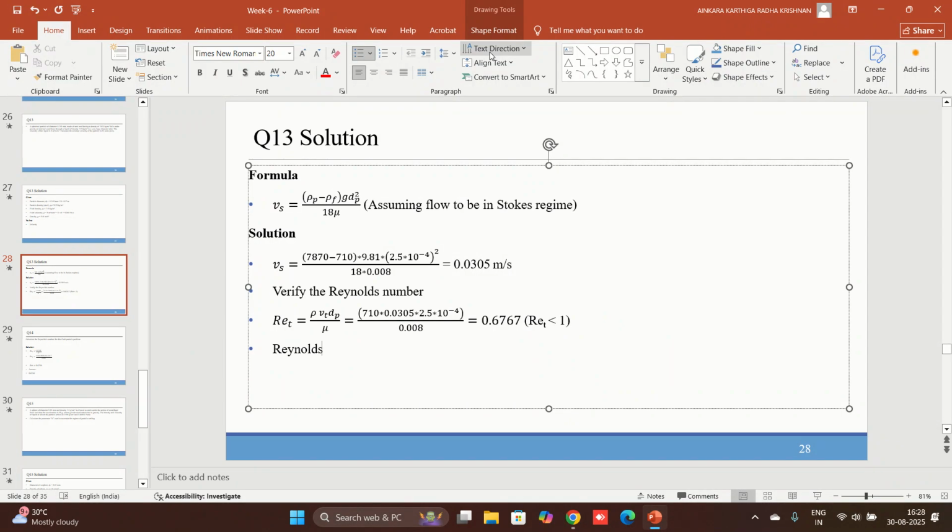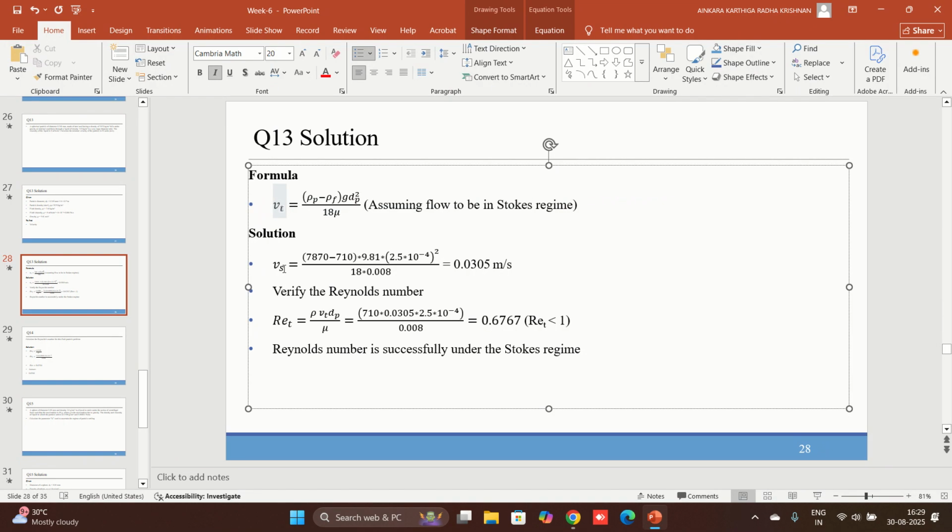Reynolds number successfully under the Stokes regime. First, we assumed the flow to be in the Stokes regime. Later, we calculated the terminal settling velocity, assuming the flow is under the Stokes regime.